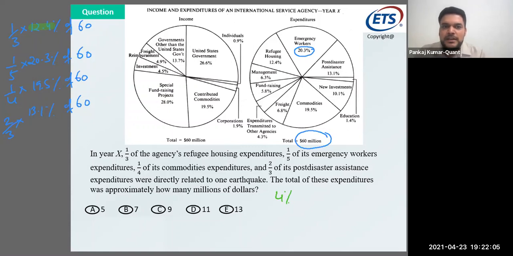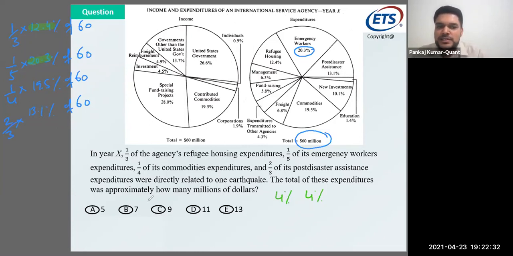Okay. Next, I'm taking 1/5 of 20.3%. No, not 20.3%, 1/5 of 20%. What is 1/5 of 20%? One-fifth of 20% is again 4%. Okay, 1/4 of 19.5%.